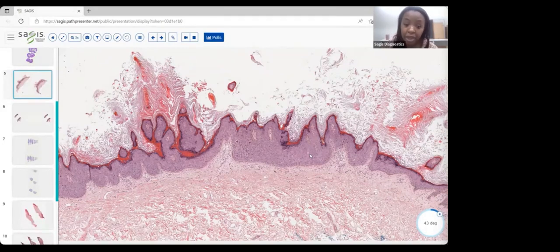But if they're multiple, then this is the appearance of Bowenoid papulosis. So just remember that you need that clinical correlation, that there are multiple lesions in the area, in the perineal, or obviously the genital area, that we're talking about with this diagnosis, to call this Bowenoid papulosis.